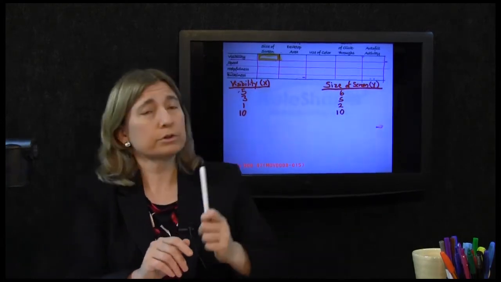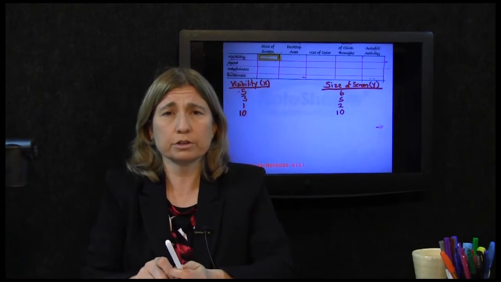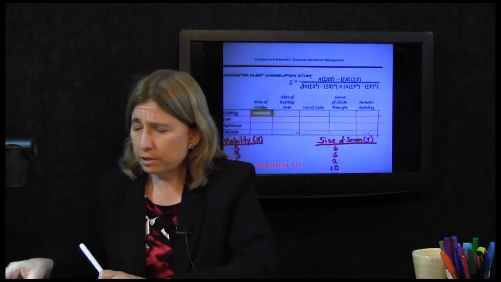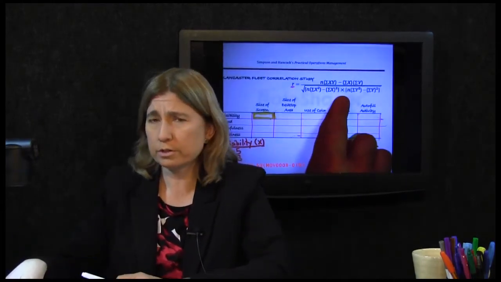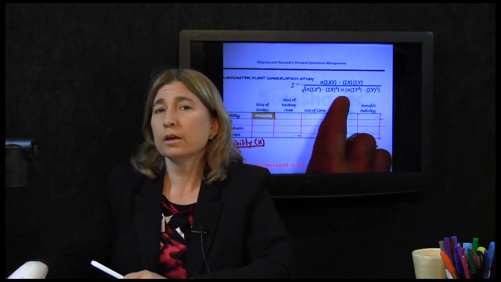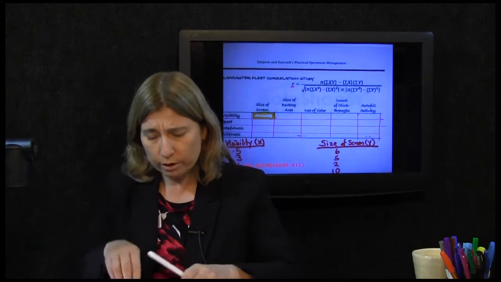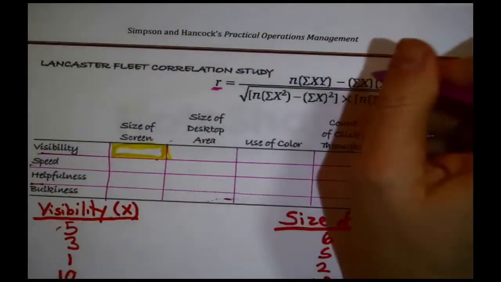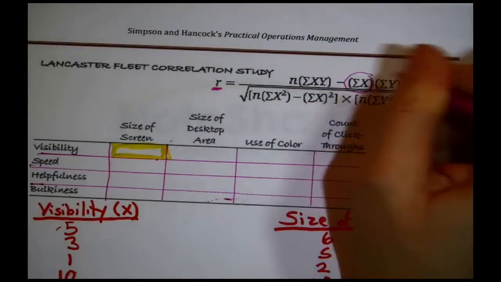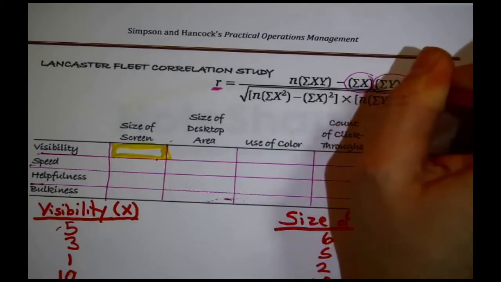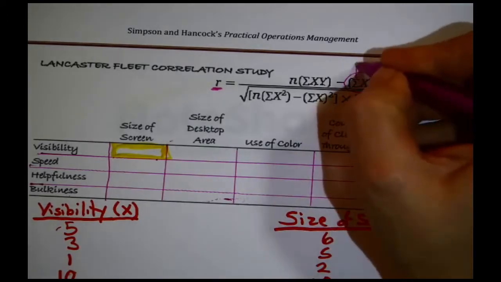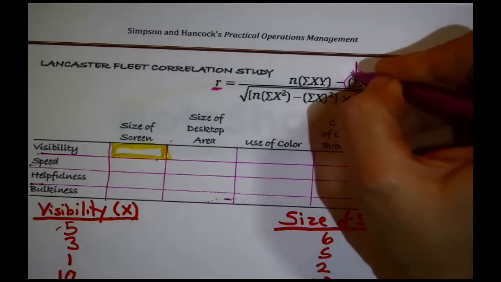Because in order to calculate the correlation coefficient, we basically need to find all of the puzzle pieces that fit into that formula. The puzzle pieces, otherwise known as summary statistics. For instance, what is this supposed to mean? Well, sigma always means sum or add up.